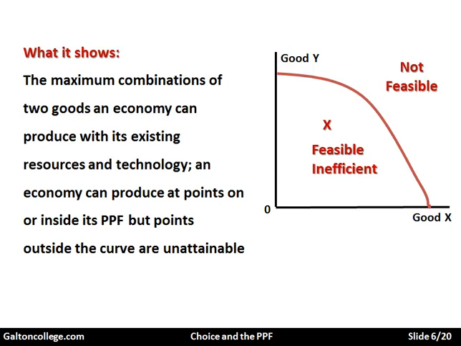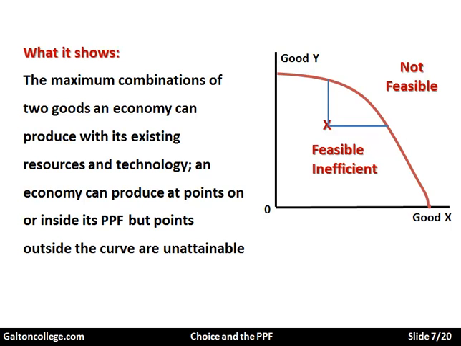So the X here would represent an inefficient combination of good X and good Y. These are the only two goods we'll say that this economy can produce. So that's an inefficient one, because it's possible to get more of X with the same amount of Y, or more of Y with the same amount of X, or in fact any combination.